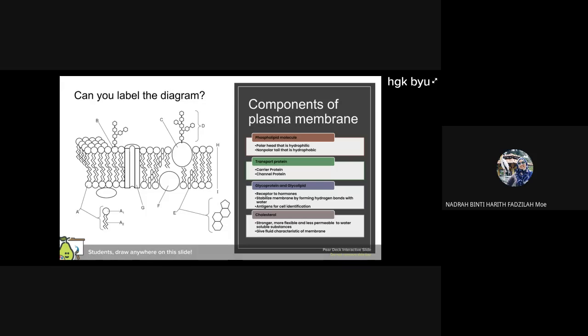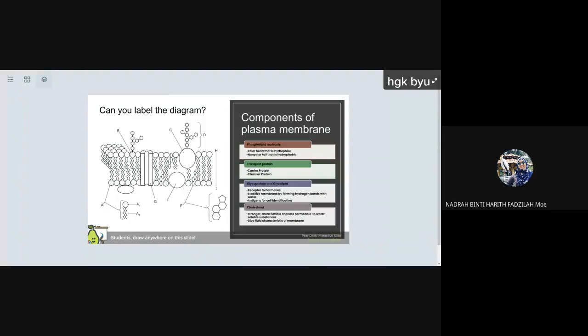So these are the components of plasma membrane. Now, can you label, okay, use the text tool. Okay, pada kamu punya PDEC tu ada tool, dia ada logo T. Label, can you label kesemua komponen-komponen dalam plasma membrane tu? Okay, boleh label dalam bahasa Melayu. Ya, Adawiyah? Alright. Use the text tool to label all the components of plasma membrane in the diagram.